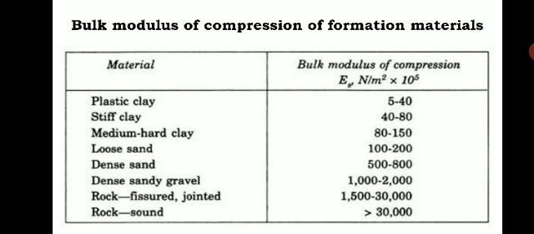Dense sandy gravel is again bigger than sand, so it ranges from 1000 to 2000. If the rocks are fissured or jointed, meaning the rock contains cracks, it again increases, to 1500 and even 30,000. If it is a rock which is sound, then it will be more than 30,000. So that is the bulk modulus of compression of a few important materials of which the aquifer is made up of.